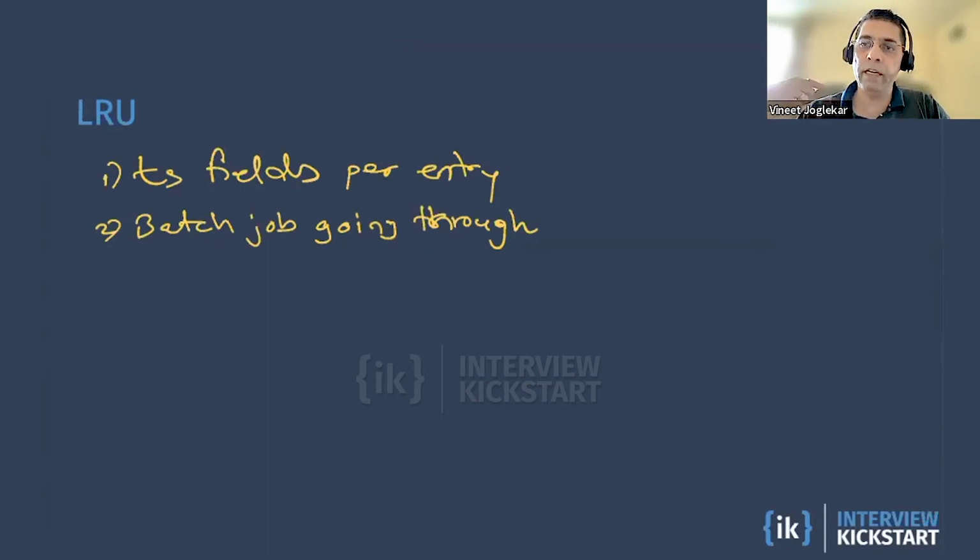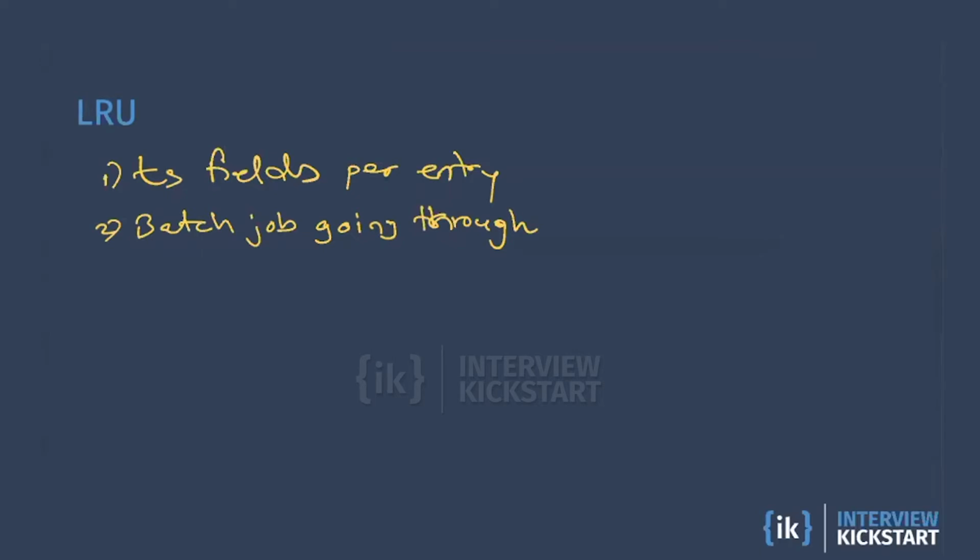Okay. But is the job going to sort all the entries and see what is at the tail end and remove that? How will the job know what to evict? There could be an index for the timestamp.